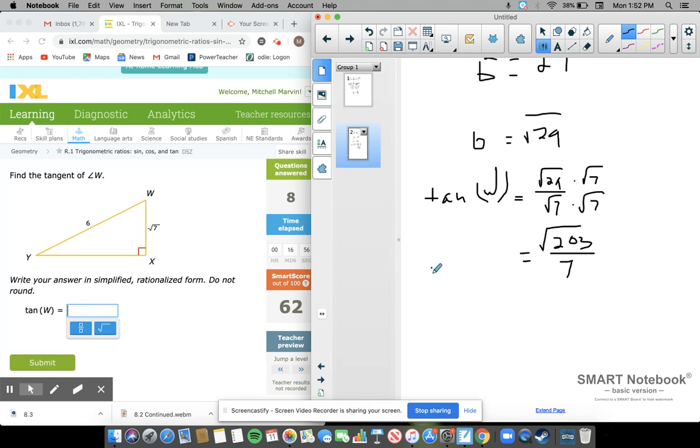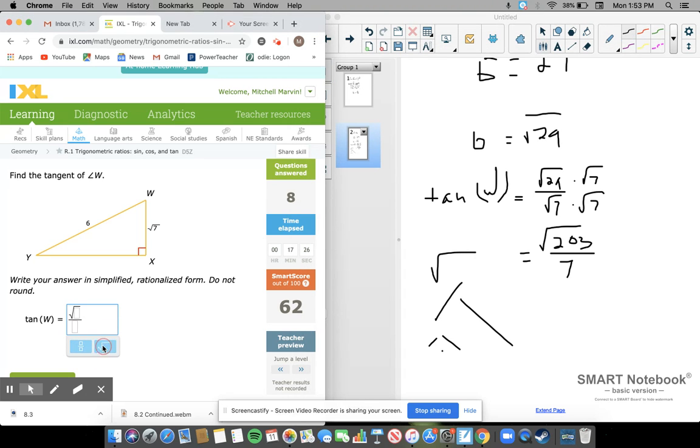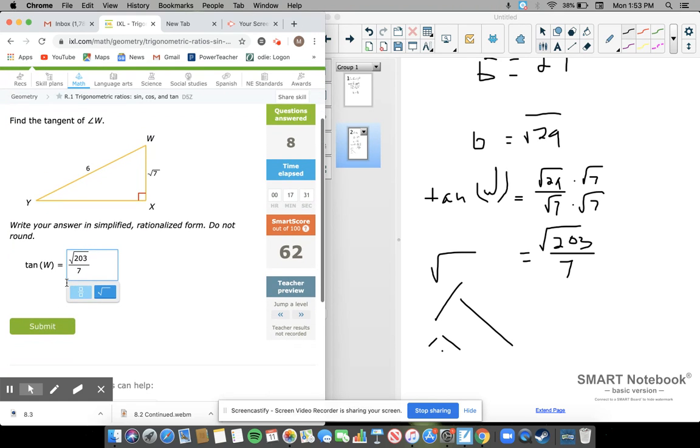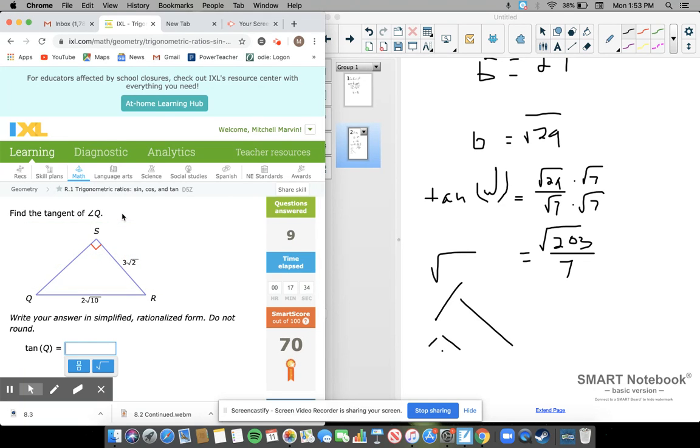You also can do the branch method where you just break down and see if there's anything left. Either way, it doesn't look like anything clean is going to come out of this. 203 divided by 36, nope, I don't believe so. So I think that's our final answer: square root 203 over 7. And we're good to go.